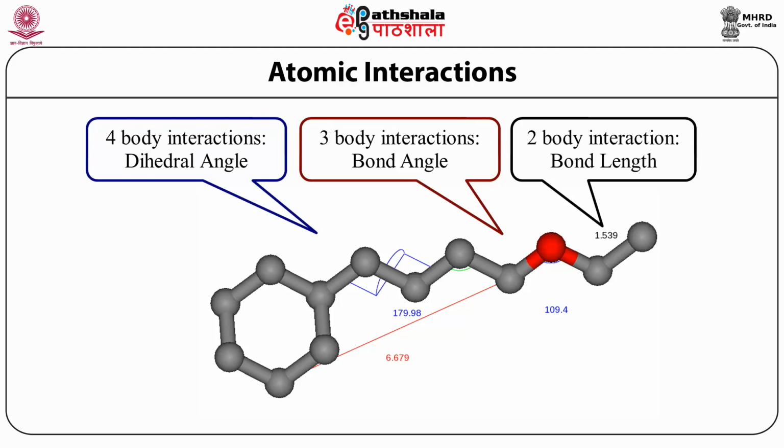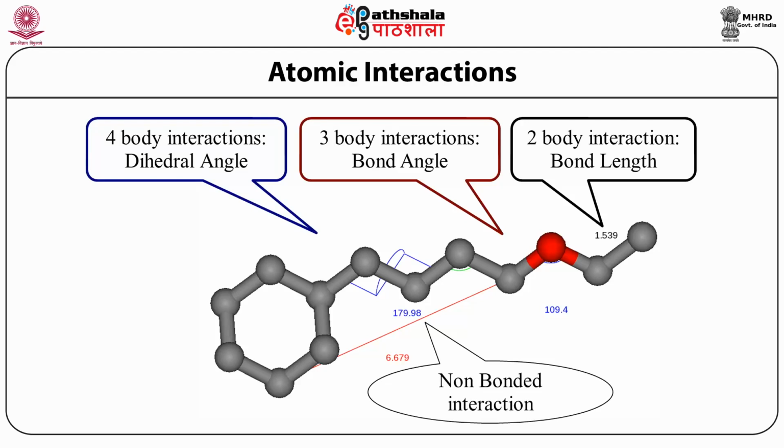Values are also shown here. And there are non-bonded interactions, between 1,5 atoms, that is first to fifth, sixth, seventh, etc. From oxygen to the ring atom carbon, the distance is shown here. We use these typical methods of interaction calculations, and these distances are taken as parameter files, which I will explain later.